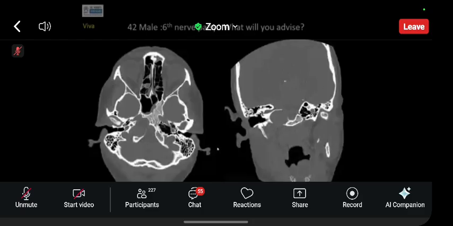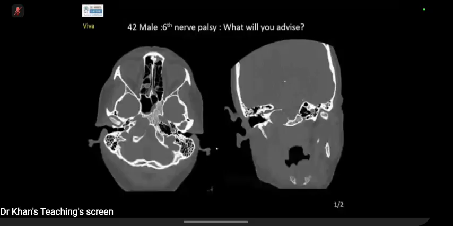There is an area of low density within the left petrous apex, and when you compare it to the right side, it does look quite asymmetrical. With that history, it makes me think about petrous apicitis and cranial nerve 6.